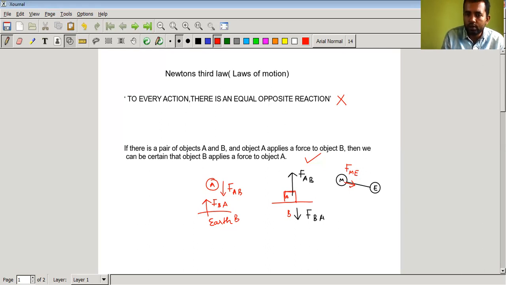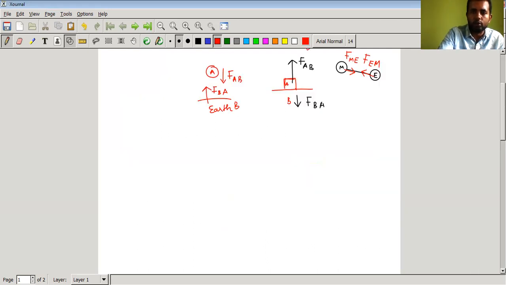Then, according to Newton's third law, there will be a force on Earth due to moon. Now, what is striking about these three examples that I discussed, and there can be plenty more, is that they obey some similarity. Okay, now we are going to talk about it.